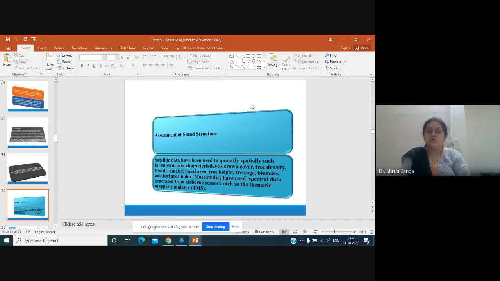Okay, so for these kinds of studies where we are talking about crown density or crown cover analysis, tree height analysis, the basal area, height of the trees, tree ages, biomass, most of the studies are done with the help of airborne sensor data sets, where the thematic mapper simulator TMS data is very useful.